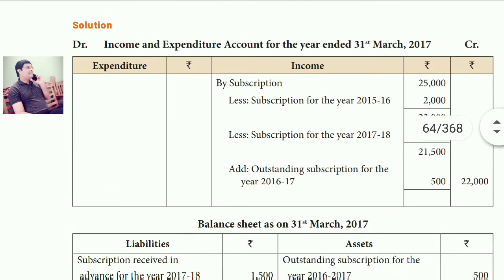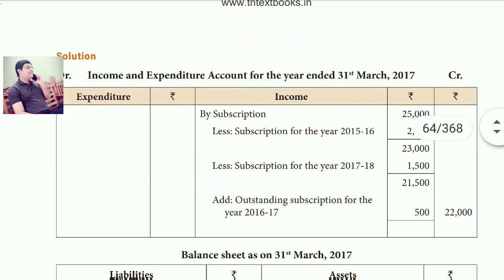Now see the answer. First we have to write subscription 25,000. The second line of your question, 25,000, we have to write in the inner column. This includes subscription of 2,000 rupees for 15-16.